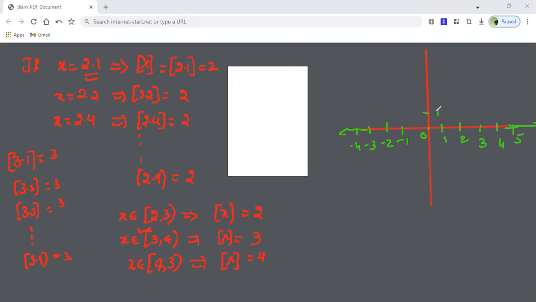Similarly on the y-axis, you can take 1, 2, 3, 4, and so on, and -1, -2, -3, -4, and so on.